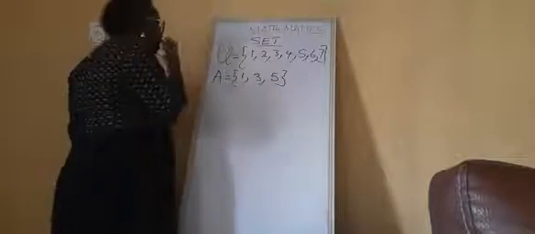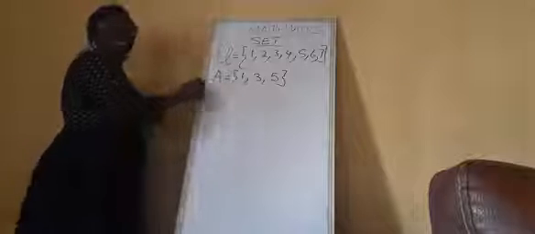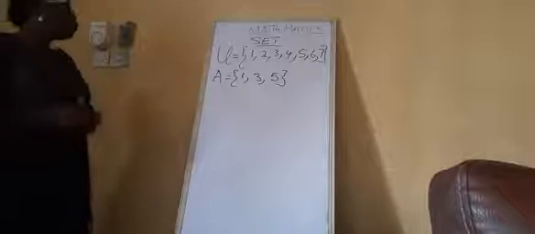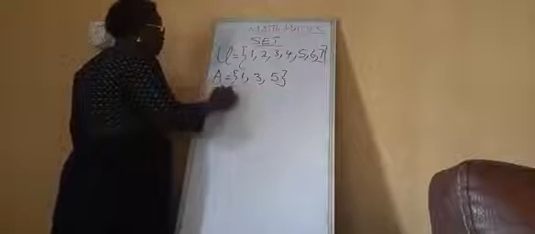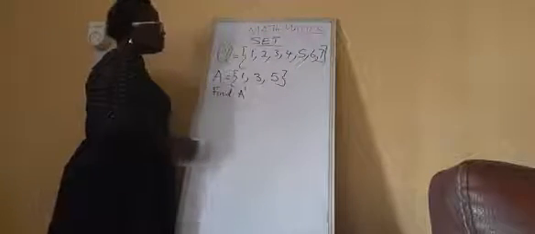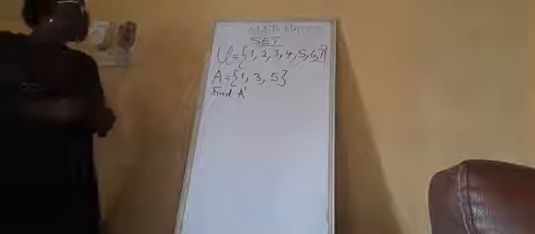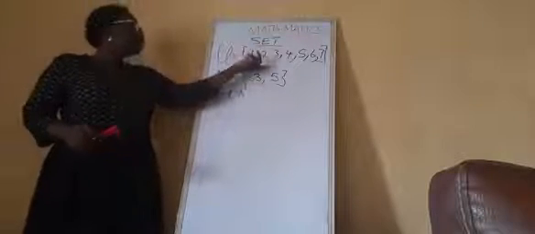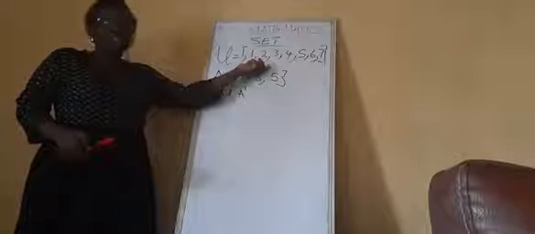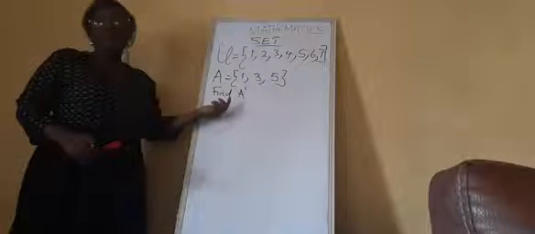Then another one, let's start with this. I want to find A prime. A prime means that you need to remove 1, 3, 5 from the universal set. The remaining ones are your A prime.